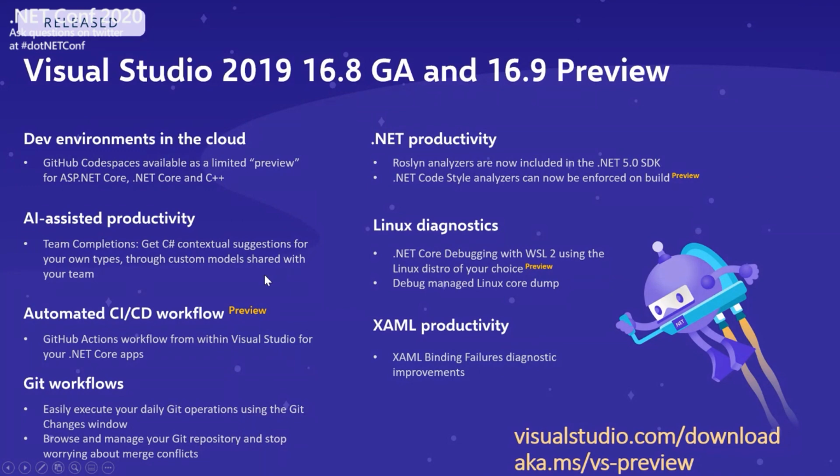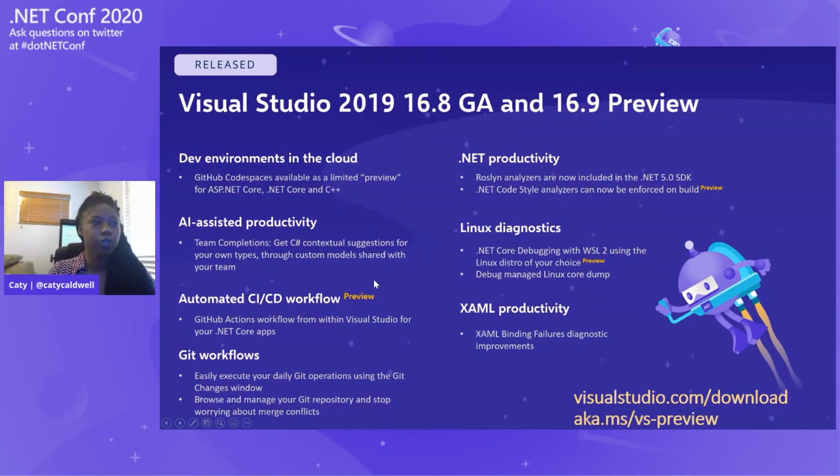Also, since I'm the PM for IntelliCode, you can check out my other videos. There was a really cool Toolbox session that I did pretty recently around team completions. That has gone GA for 16.8. You can try it out today and also read our blog post as well as our release notes for all of the information and documentation on how to use this.